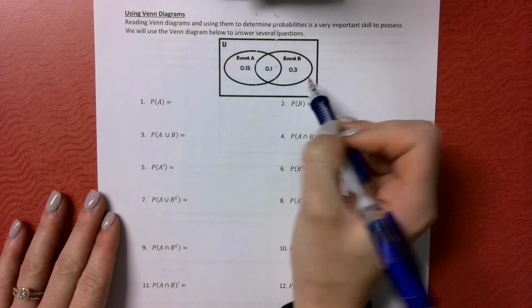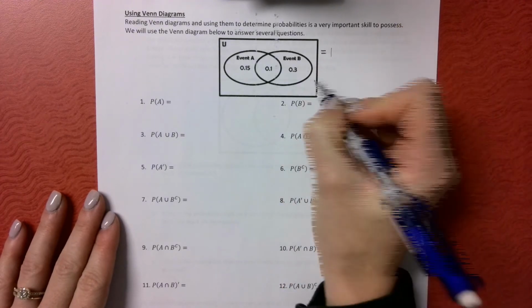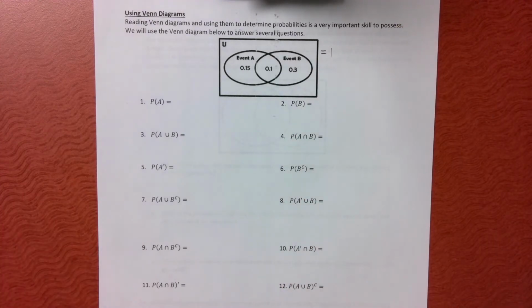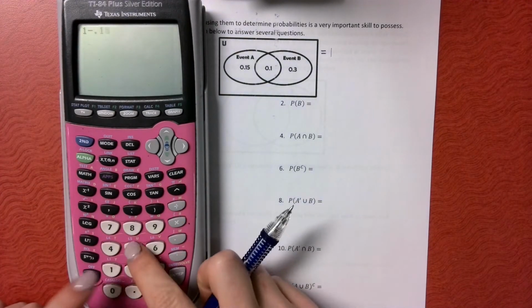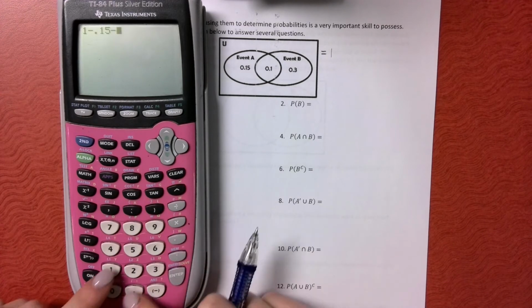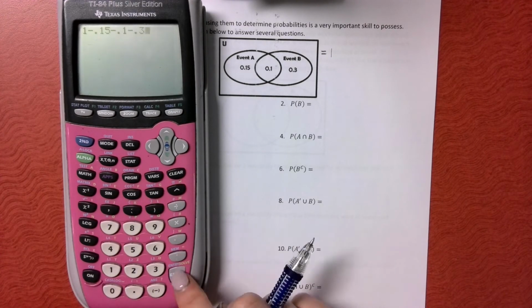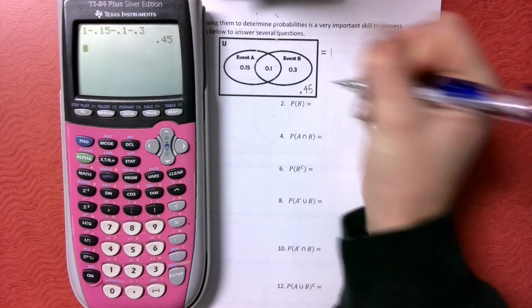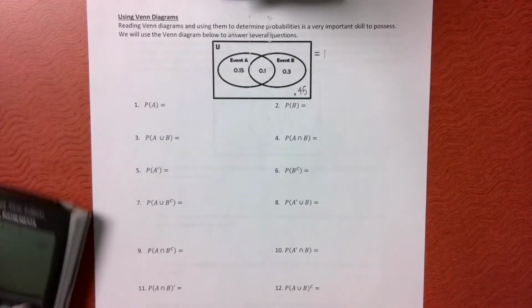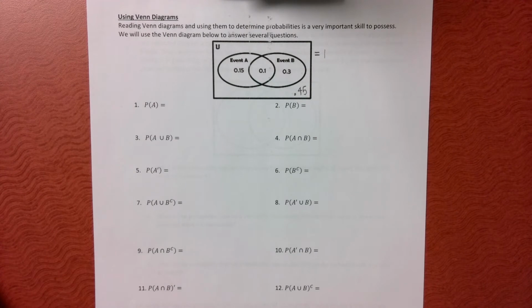We know that the sample space should add up to 1, so I like to start with finding anything that's on the outside there. So if I take 1 and I subtract 0.15, subtract 0.1, and subtract 0.3, that gives me 0.45 left on the outside. So that's the probability it's not in event A or B.